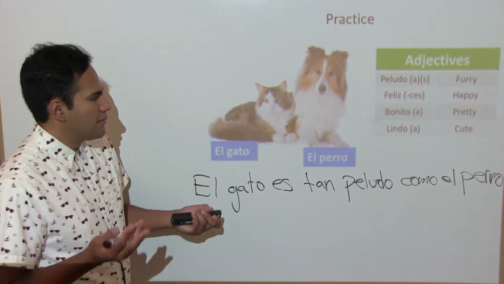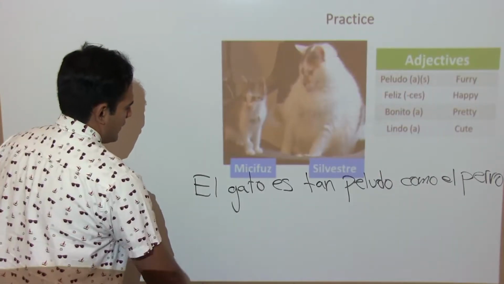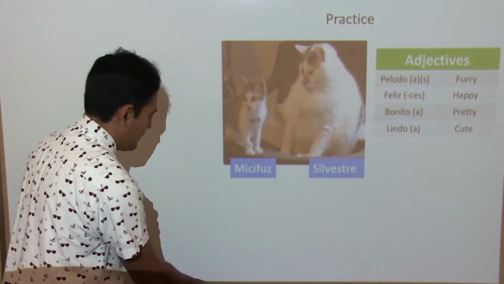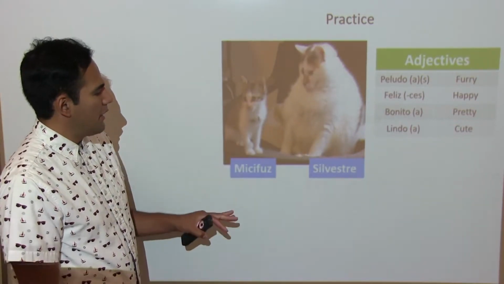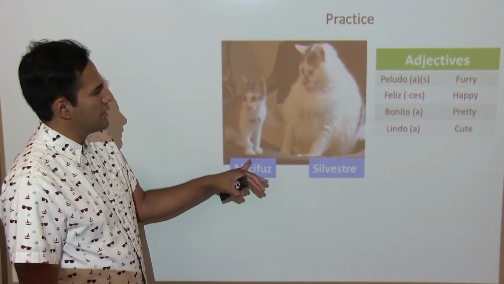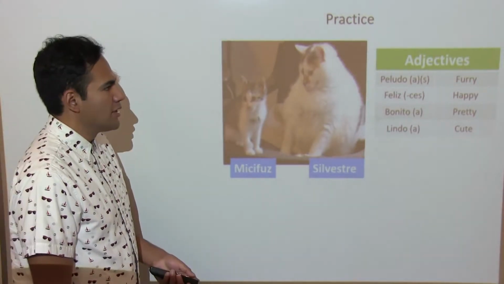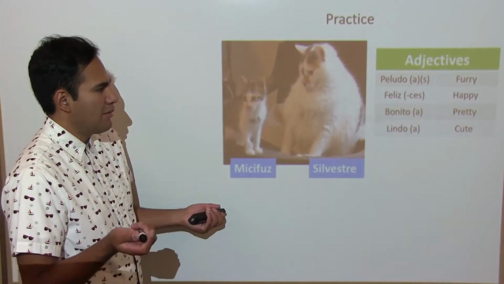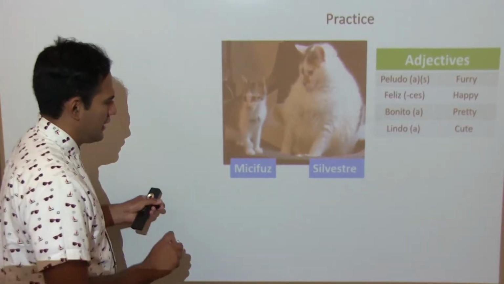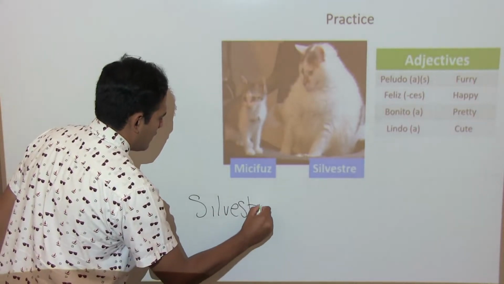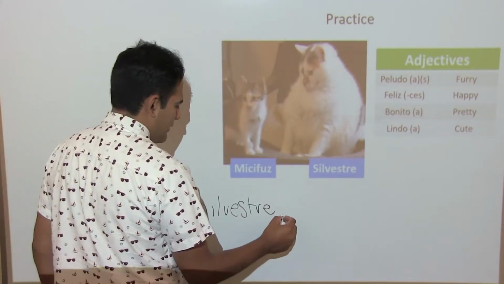Okay? Let's do another one. So we have two cats. We have one smaller than the other, Misifus and Silvestre. So let's say they're both cute. So Silvestre, remember our formulas.